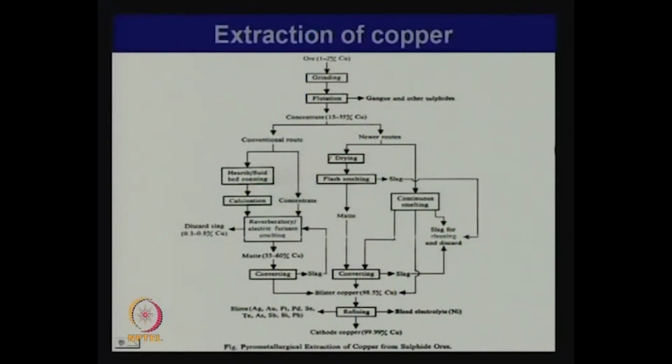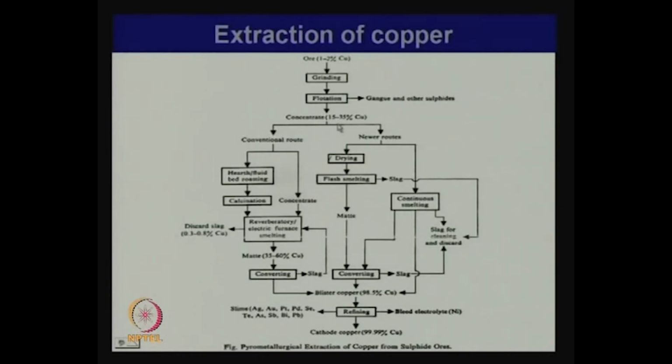Now, we will go back to copper again and see the relevance of the statement we have made. We have seen that so far as copper metallurgy is concerned, we start with an ore which is only about 1 to 2% copper. It has to be first ground to fine size, then flotation upgrades it to 15 to 35% copper.